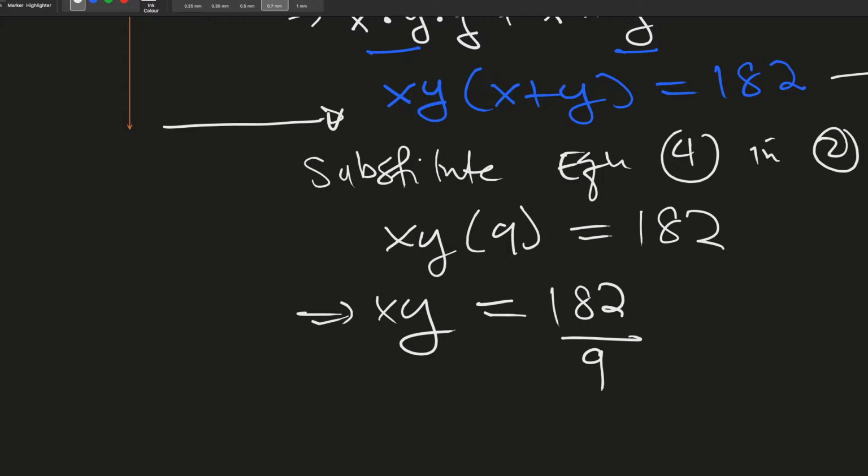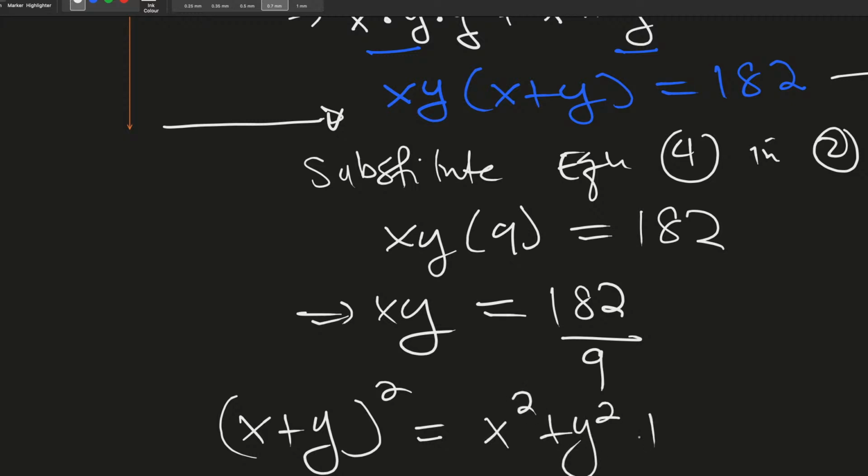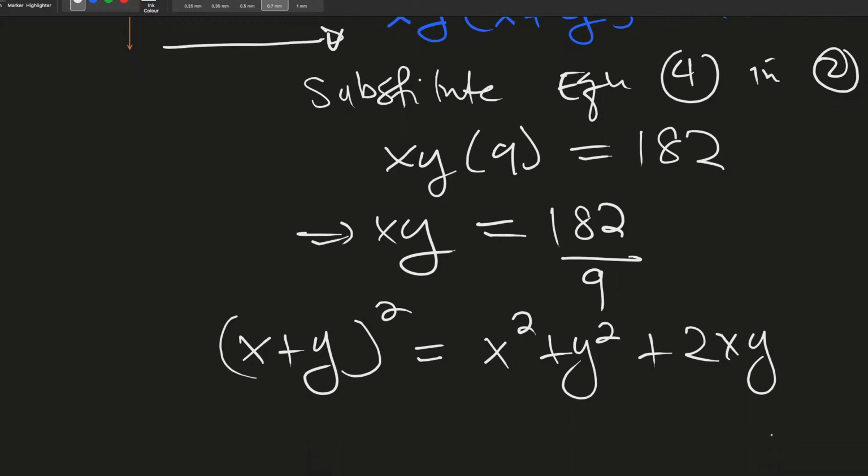You see, that's where everything becomes very interesting. Similarly, in the same binomial theorem, we know that x plus y squared is always given as x squared plus y squared plus 2xy. Now we know that from this, life is becoming easier.